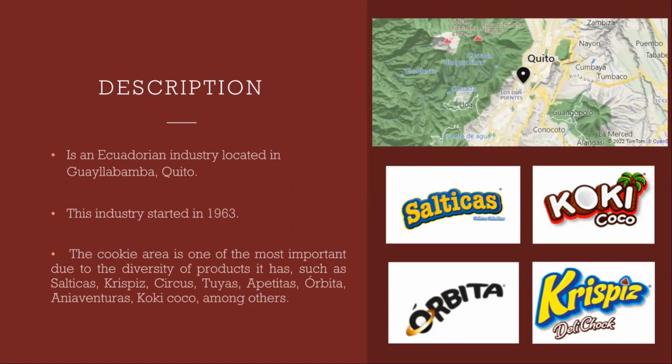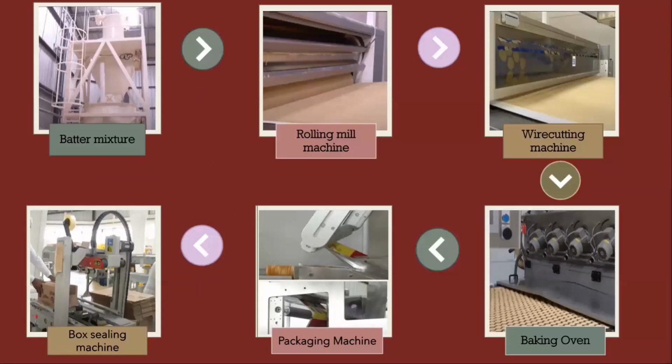For the production of cookies, the process begins by processing the wheat within a mill to obtain flour, which is manually transported in a container car to the cookie production plant and the dough plant. Inside the cookie production plant, the minor inputs are added, such as colorants, flavoring, and leavening agents.